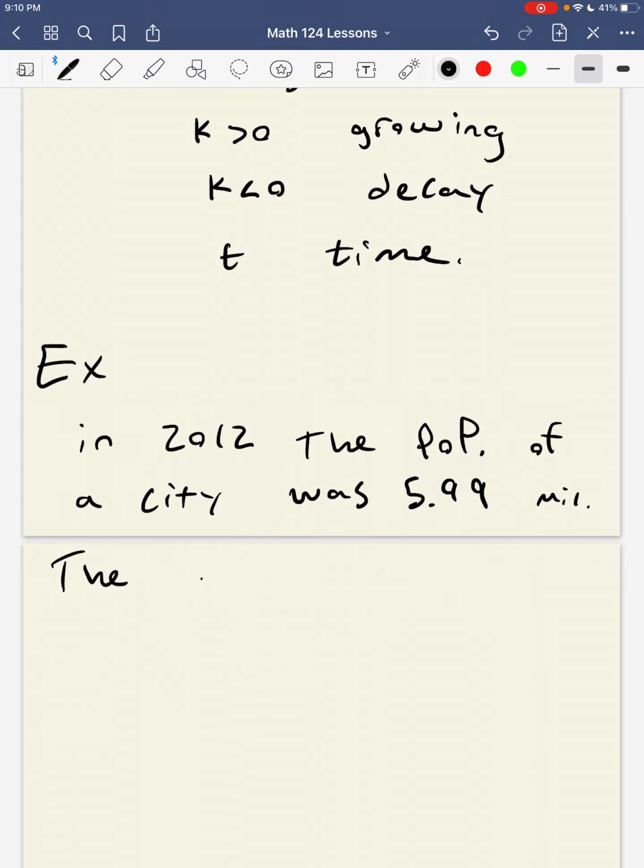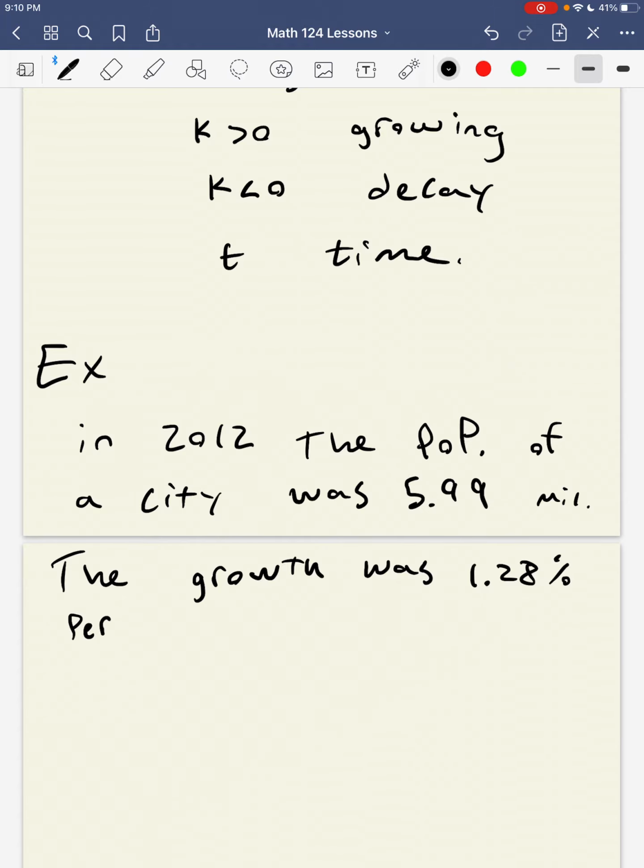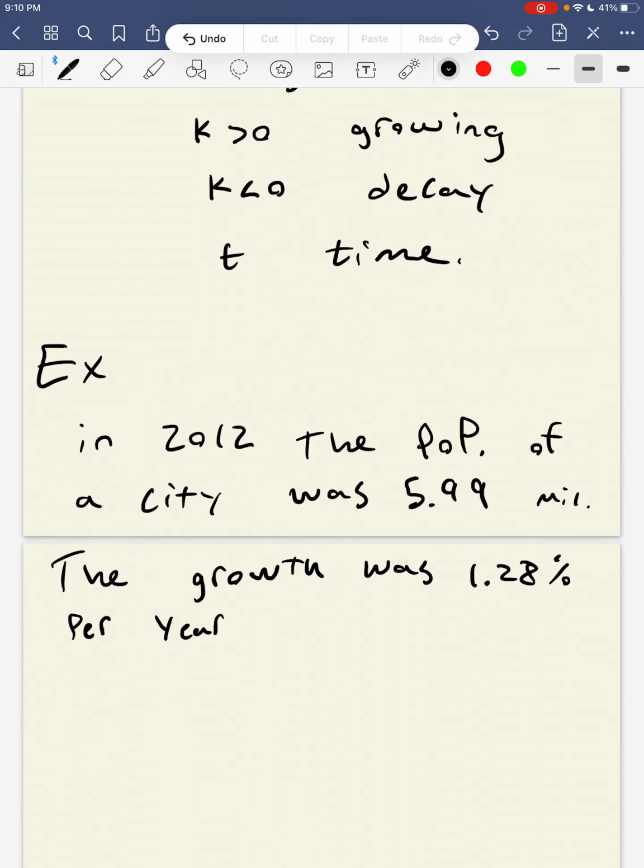The exponential growth rate was 1.28%. Okay, if we know this bit of information, then we can model the population.